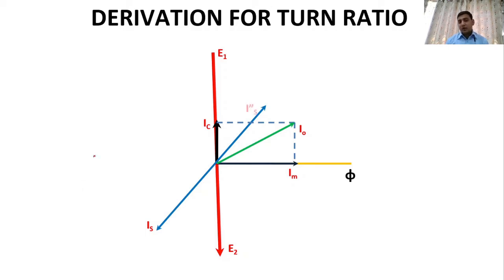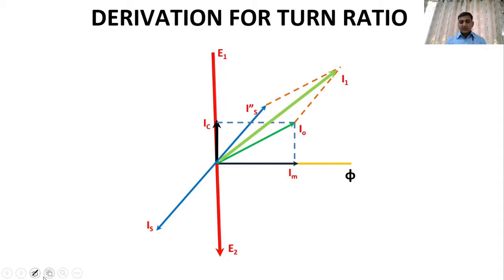We denote it in this phasor diagram as IS dash, where the phasor sum of IS dash and I0 from our previous equivalent circuit diagram gives the primary current I1. In other words, the primary current is further distributed in two parts: first, our compensating current IS dash, and second, I0, the no load current.